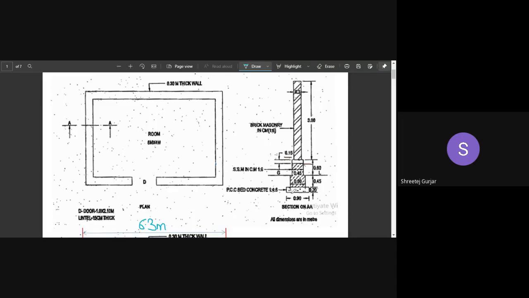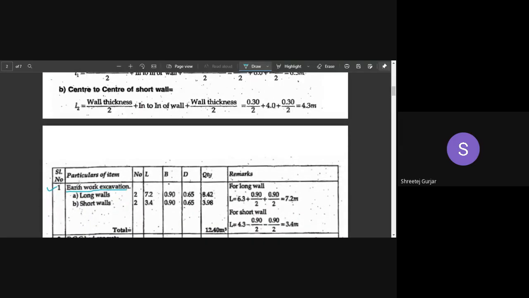Then, if required, earthwork in filling would be the second serial number, but here they have only asked us earthwork in excavation, so we will only be dealing with earthwork in excavation.